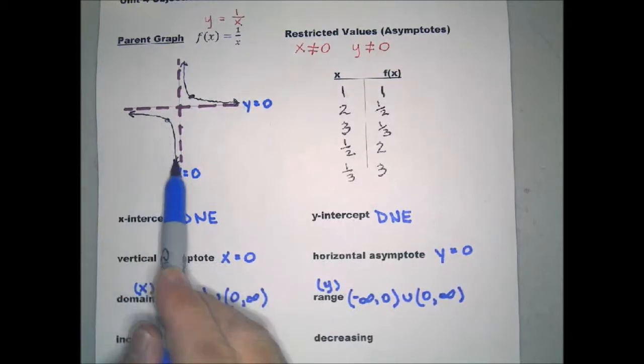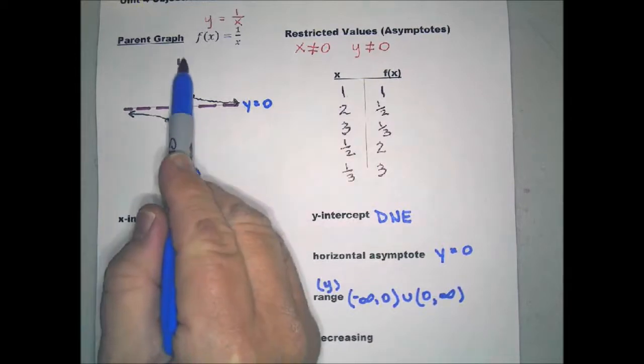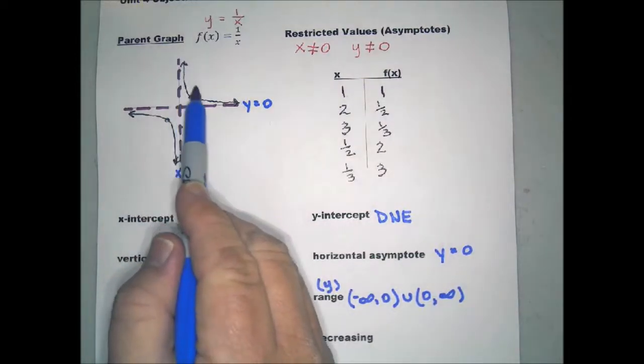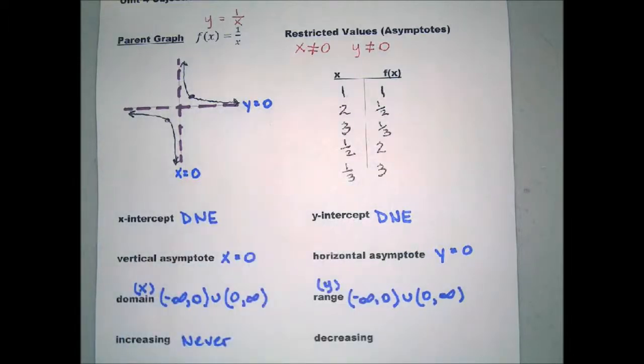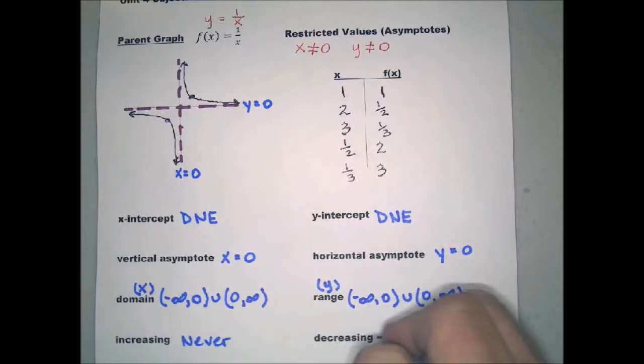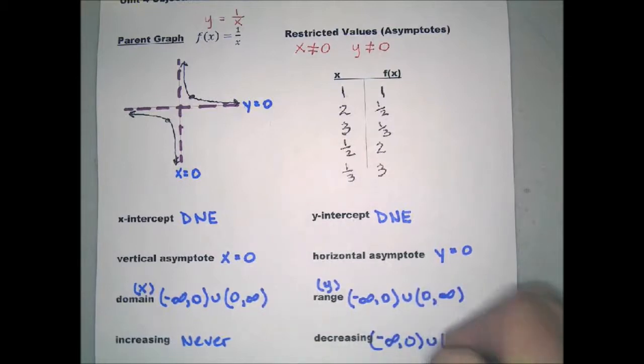And then it jumps the asymptote up here, and then it continues to decrease all the way through the rest of the graph. So it's actually the same as the domain. Negative infinity to 0, and then from 0 to positive infinity.